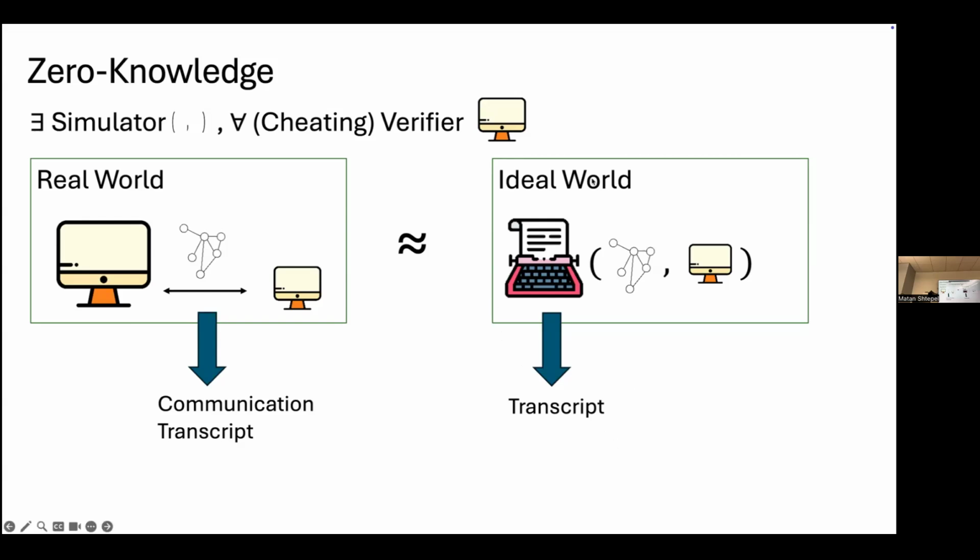And there's an ideal world where instead of the prover, there's a simulator, which is shown as a typewriter here, that interacts with the verifier in some sense. I will tell you how it interacts. And in the end, it would also output a transcript.